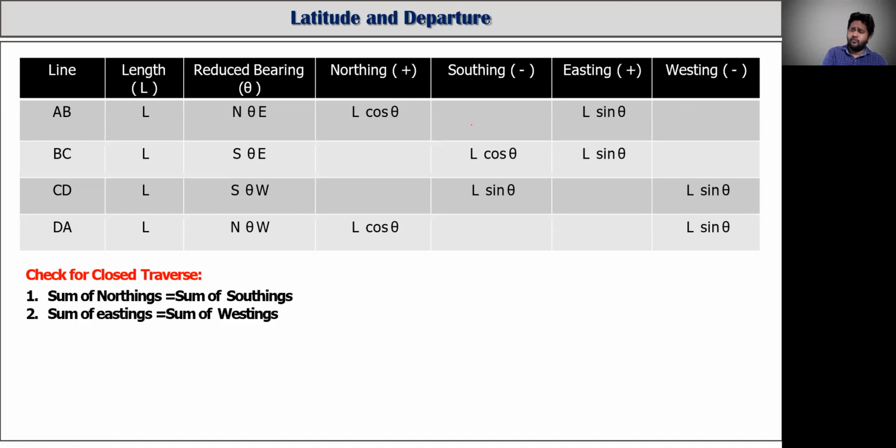So here, how to check: the sum of northings equals the sum of southings, that is north equal to south and east equal to west. That is the important thing.